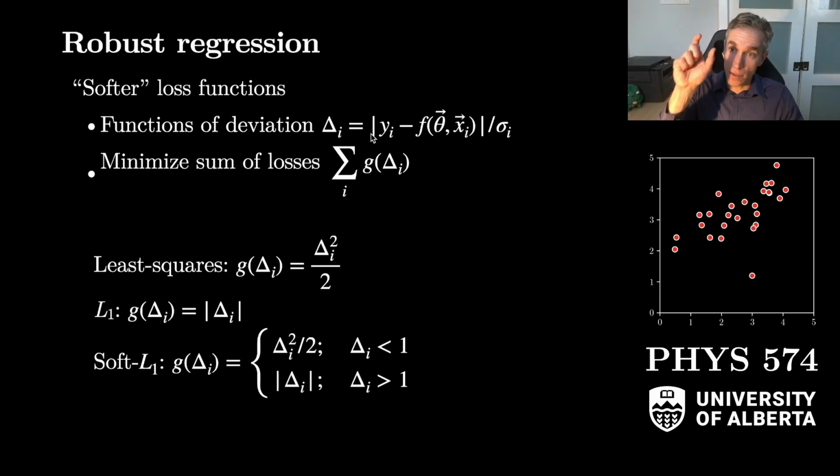So it's basically the residual absolute value normalized by the noise in that. So chi-squared, the least squares regression, is the deviation squared divided by 2 as the parameter in the loss. And so the log likelihood wants to minimize the sum of losses. So G is some loss function here.